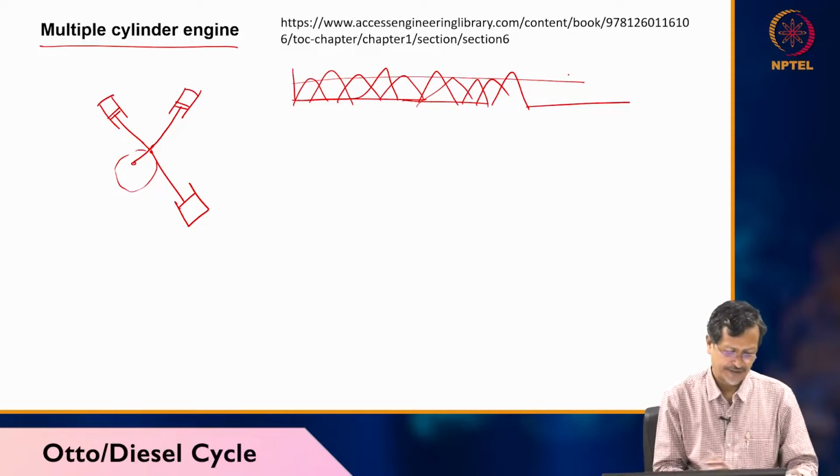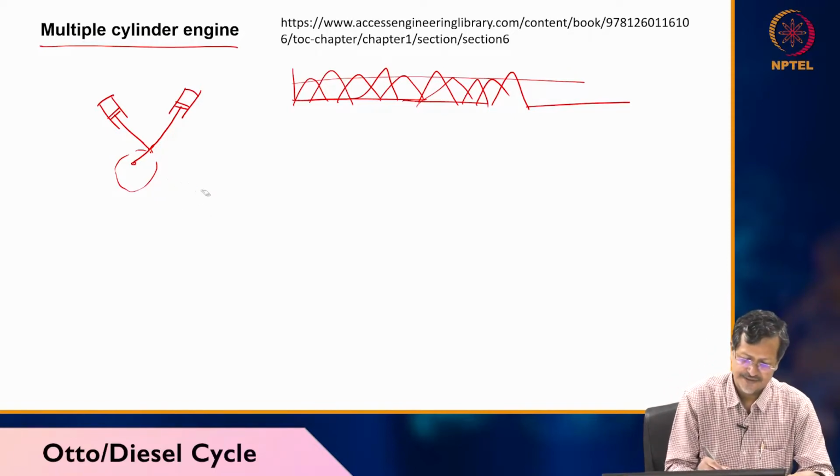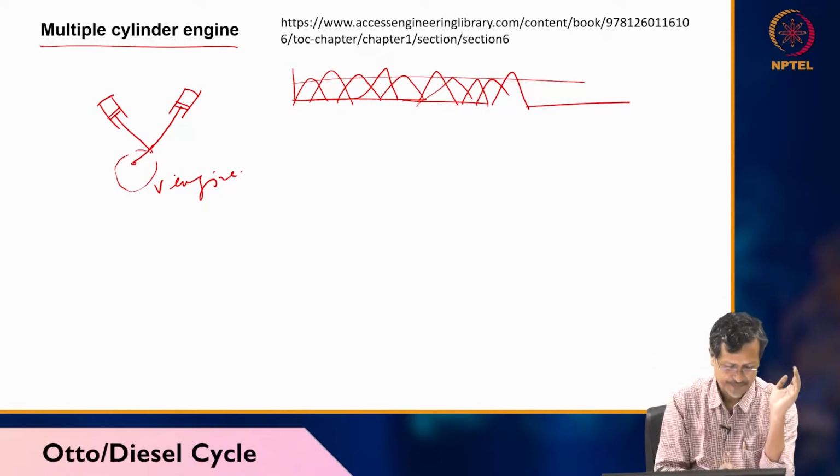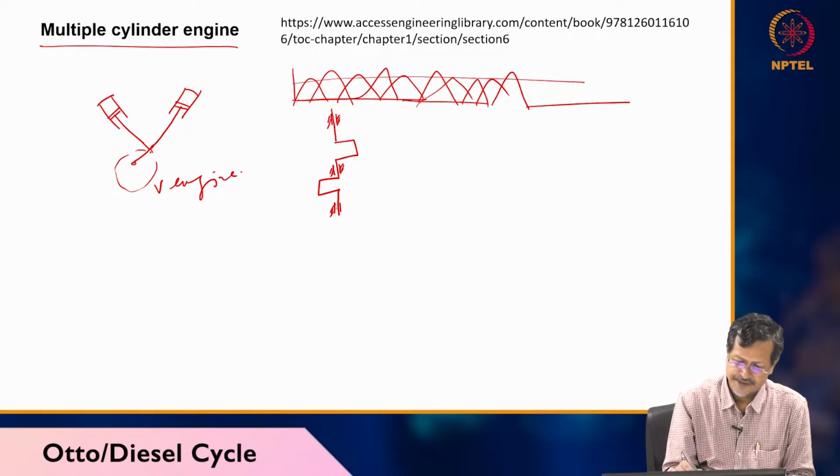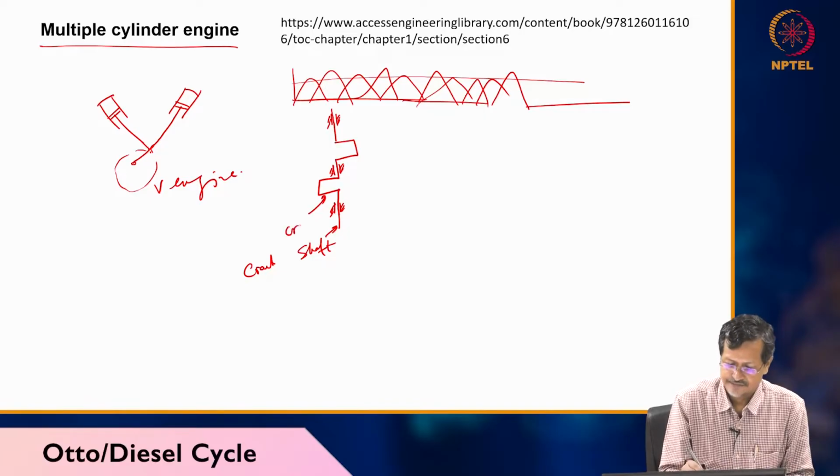And there are different arrangements also. For example, one arrangement is V. This is a V engine, looking like a V shape. Then there is the opposed cylinder engine, which will be like this. The crankshaft is coming, the crank is here. These are my bearings, that's why I am writing like this. This is my shaft, the crankshaft, and this is the crank. The crank is connected to the connecting rod, then my piston is here.